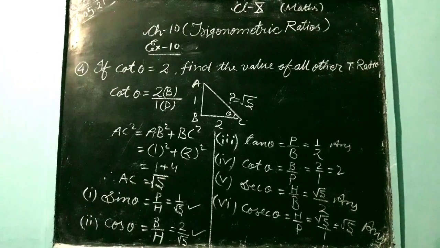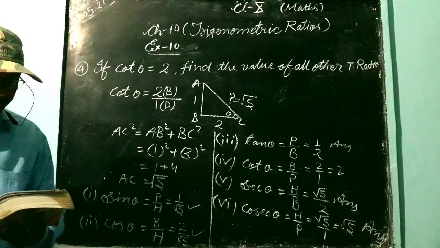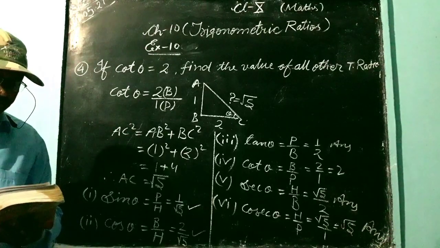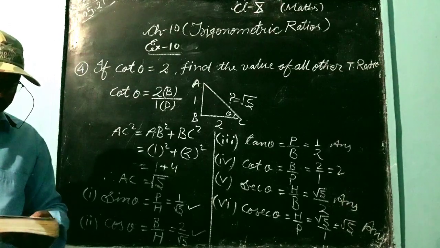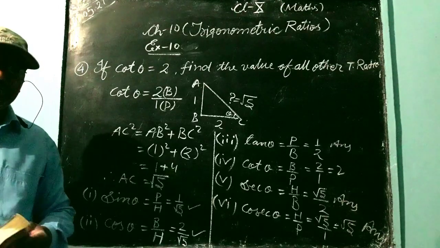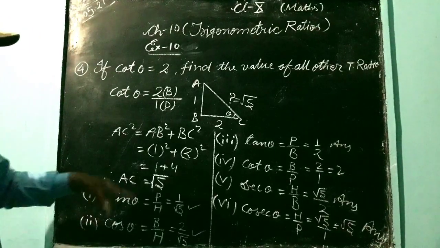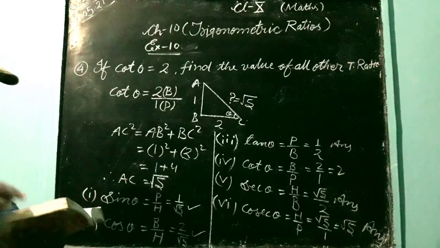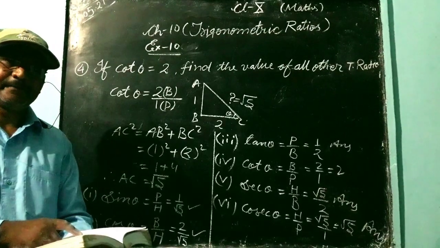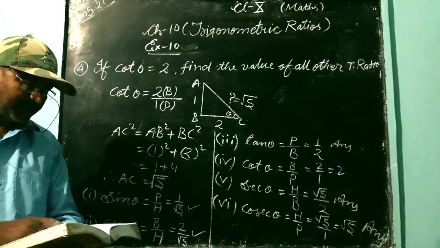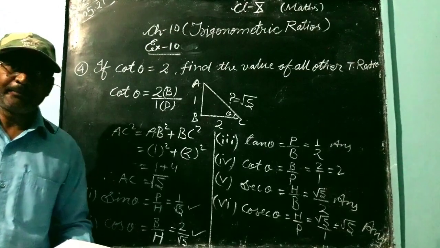Some questions I will forward next. Question number 5 is the same way. Question number 6 is somewhat different, but the method is the same; something is given in an algebraic expression, so you may feel it is difficult. I will explain that tomorrow, okay?